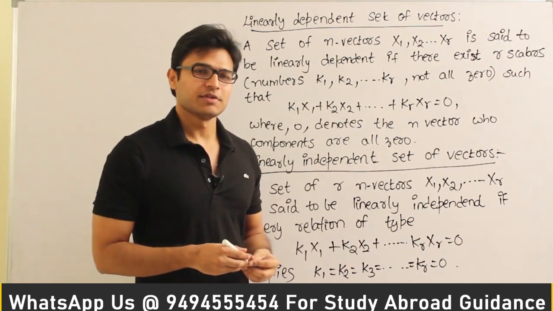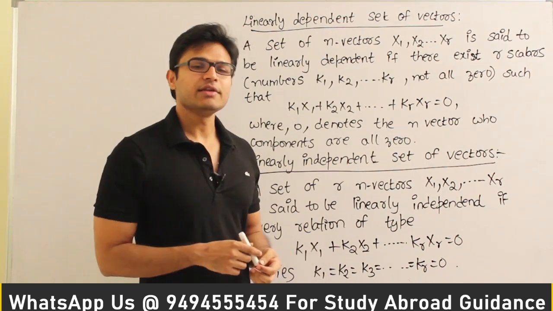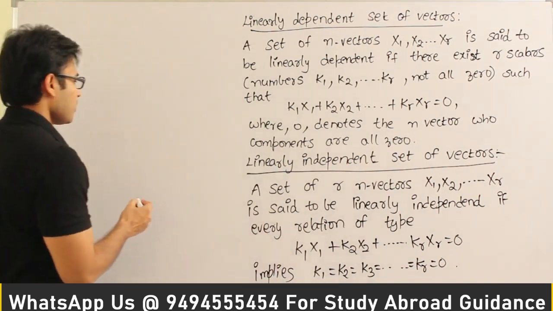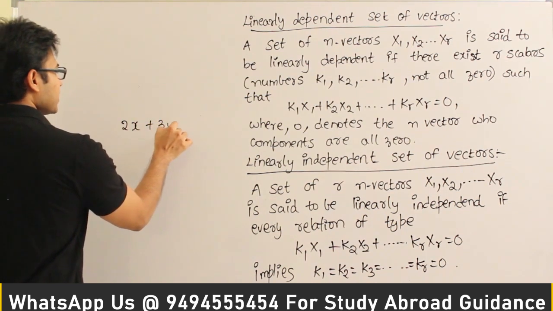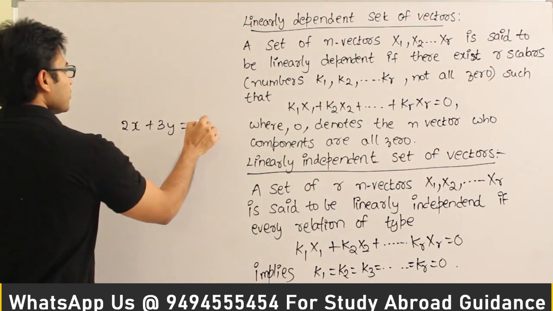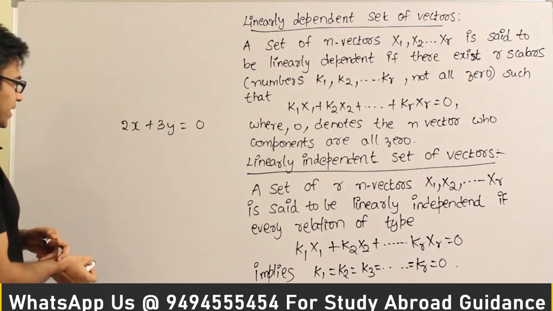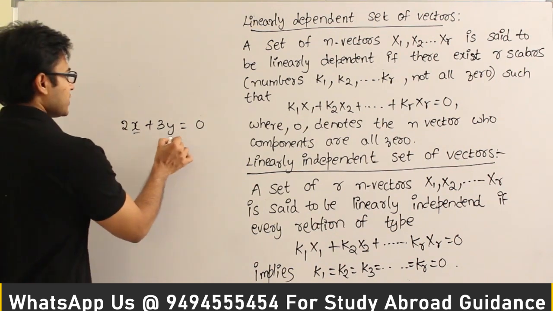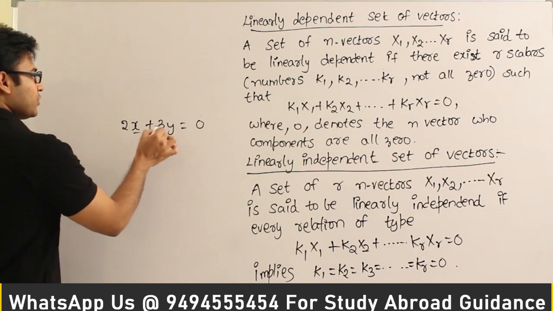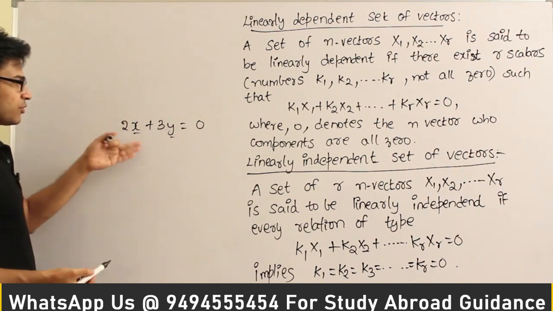The significance of this is in solving linear equations. Let's say there is a linear equation of this form, 2x plus 3y equal to 0, where x and y are variables, and we want to find the values of x and y. We know that in order to solve this we might need one more equation.